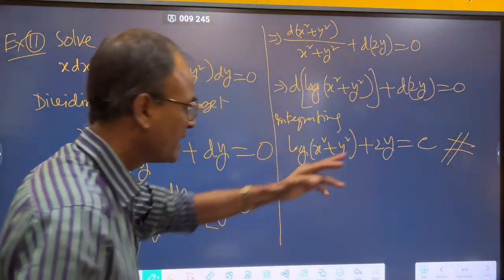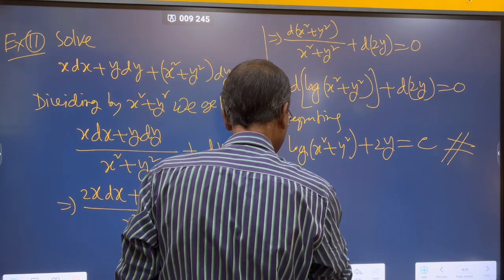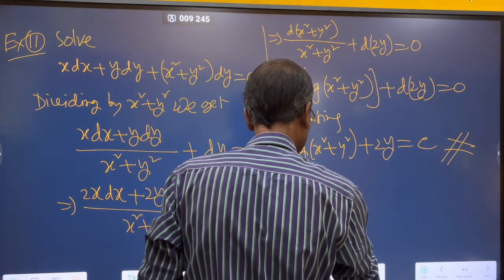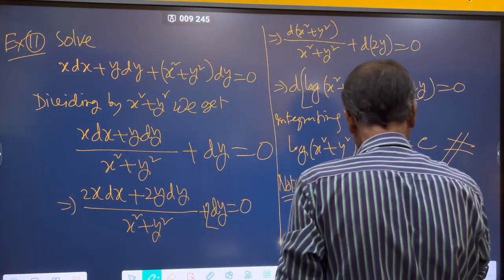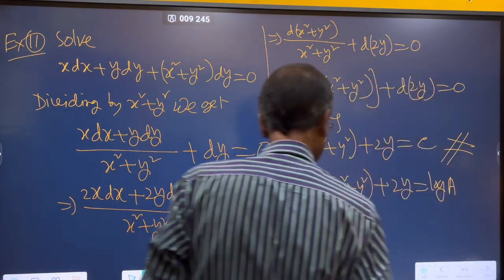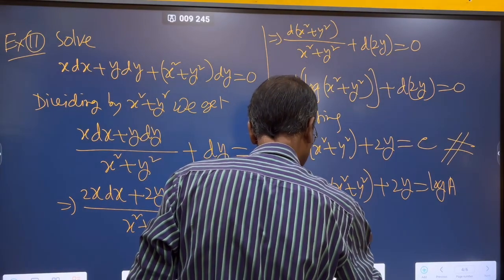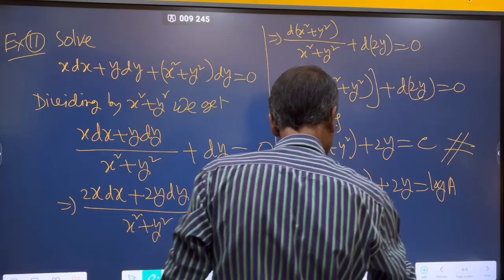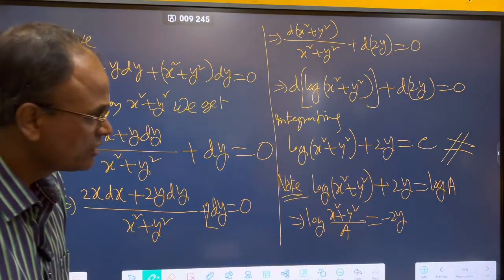Now, for c, suppose you write log A. Log of x square plus y square plus twice y equal to log A. Then you may write here log of x square plus y square divided by A, this is equal to minus twice y.